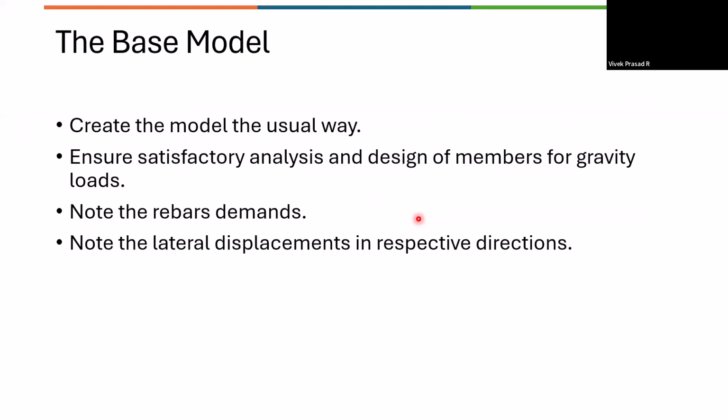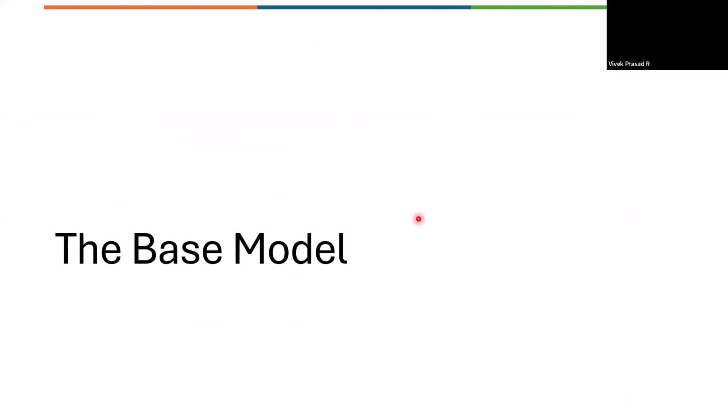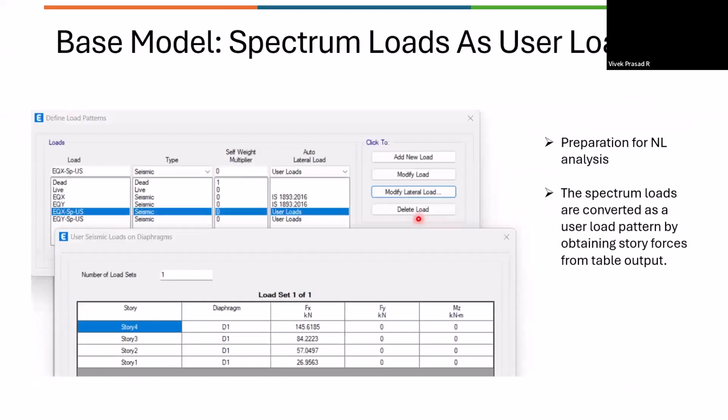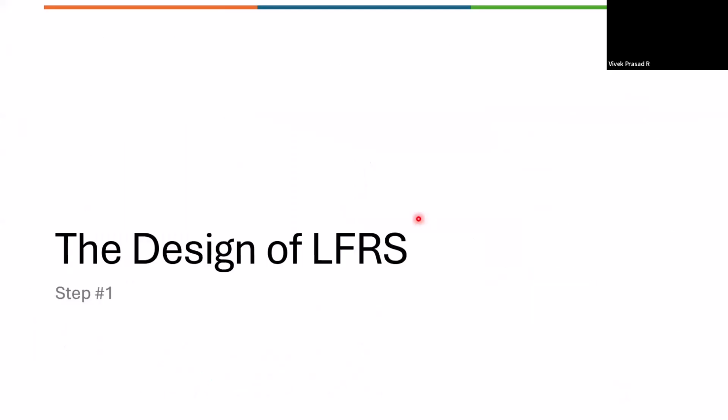So all of the slides I have updated with key points that are required for the updates in the model, which I already explained. I'm just walking you through the slides. So the demonstration of the base model and what we have obtained from this, and the design of LFR. This is step 1.